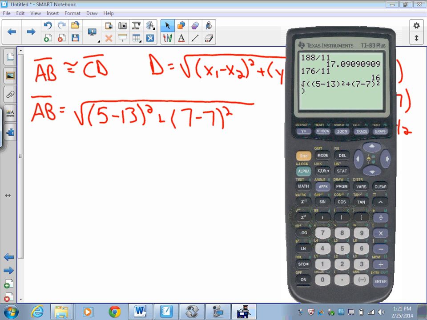I always want to make sure that I have the right amount. So basically, I have to make sure that 5 minus 13 is in parentheses, 7 minus 7 is in parentheses, and I see that AB is equal to 8.